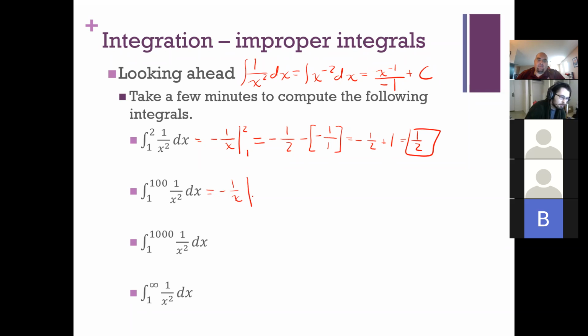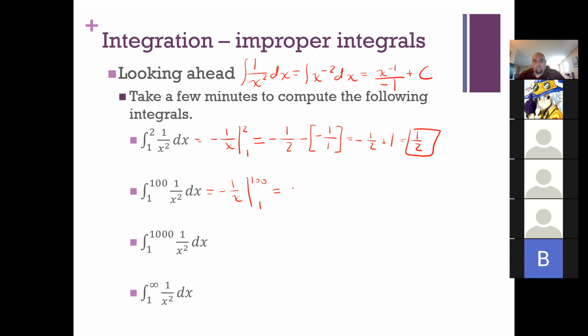All right, how about this next one? Negative 1 over 100. How are you getting that?